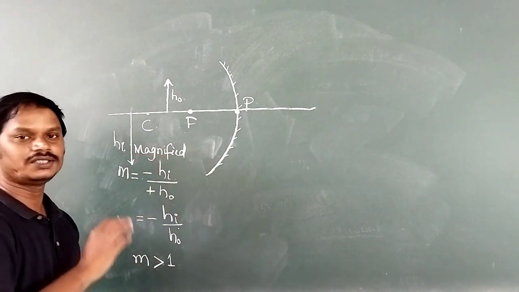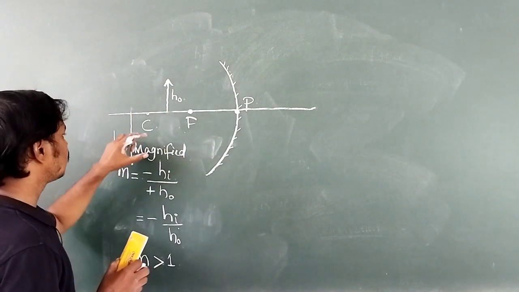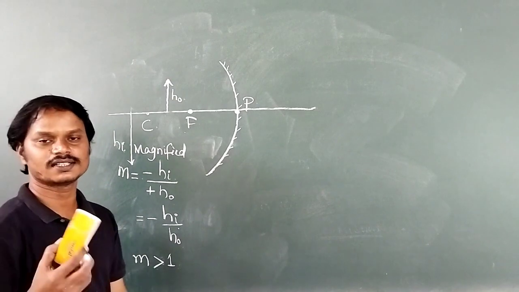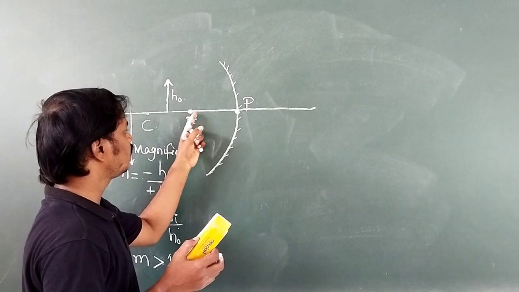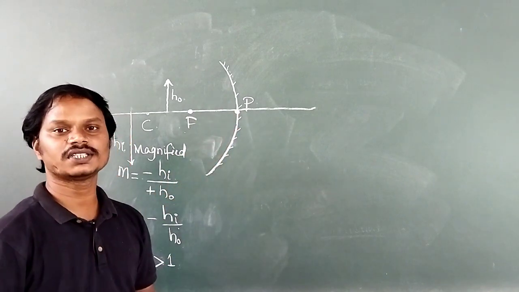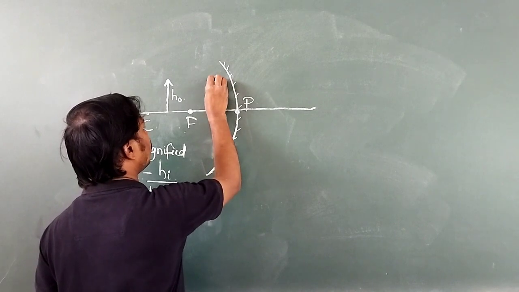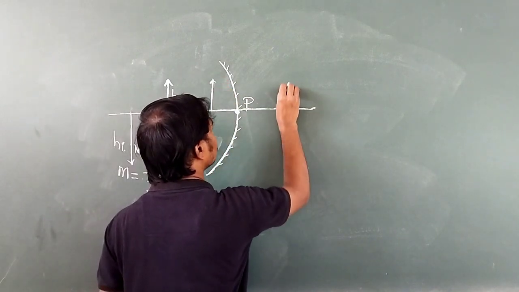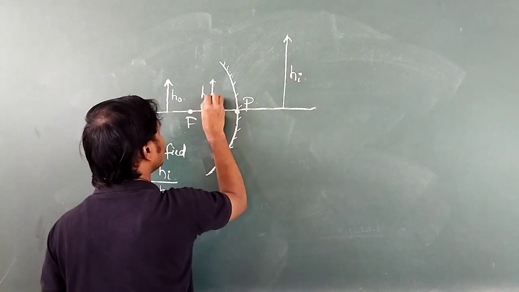Okay. What this shows is that as the object moves from infinity to the focus, the size of the image increases. And if the object is in between F and P, what is the magnification produced by the concave mirror? See, the object is here, then its image. The height of the image is hi and the height of the object is ho.